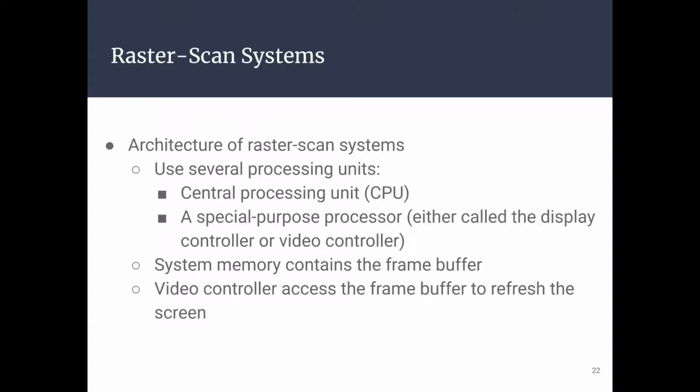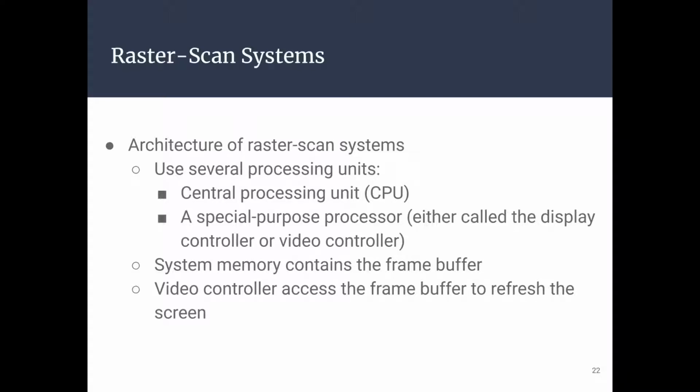Now that we have finished talking about the raster scan display, let's talk about the actual raster scan system. The architecture of the raster scan system is that it's usually composed of several processing units. Of course, it has the main one, the central processing unit, which is used to compute any kind of calculation or main processing that it would need.